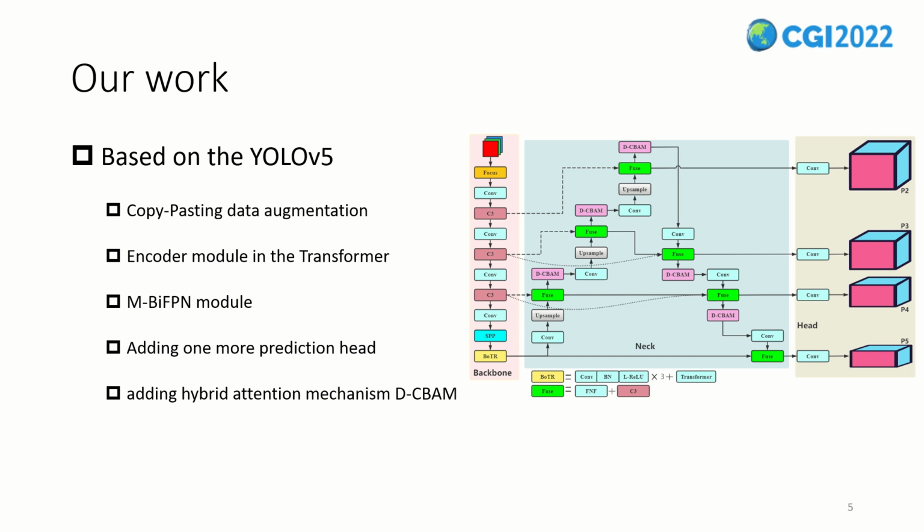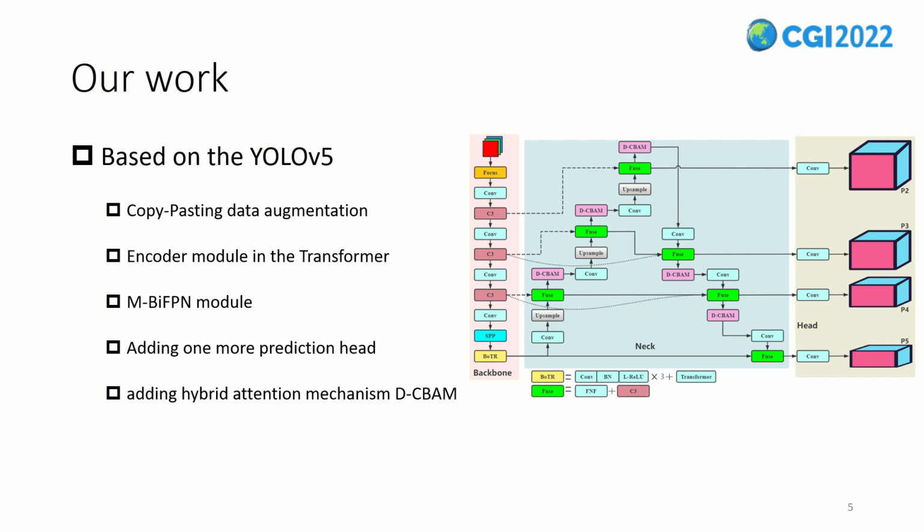In this study, we propose MF-YOLOv5 in response to the above problems. The overall structure of MF-YOLOv5 is shown on the right side of the slide. Based on YOLOv5, firstly, we use the copy-pasting data augmentation strategy to amplify a small number of pest instances so that the number of pest samples is more evenly distributed.